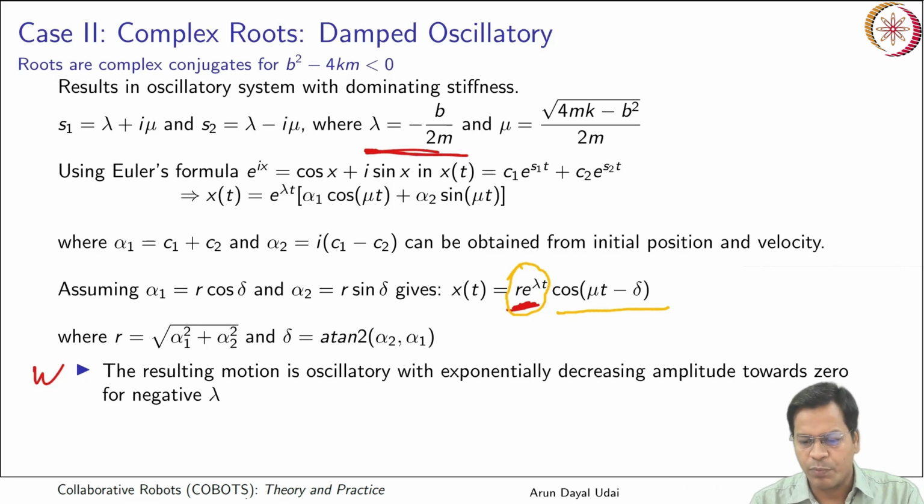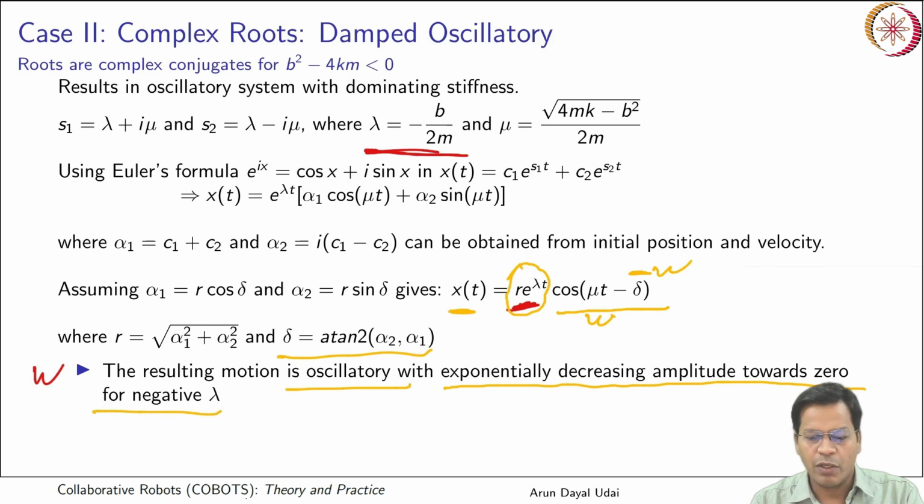If you plot with time, your displacement will behave in a cosine manner with some phase. It won't start exactly at the peak, but with some delta, which is given by this. So the resulting motion is oscillatory with exponentially decreasing amplitude towards 0 for negative lambda. Lambda is negative, you know that.